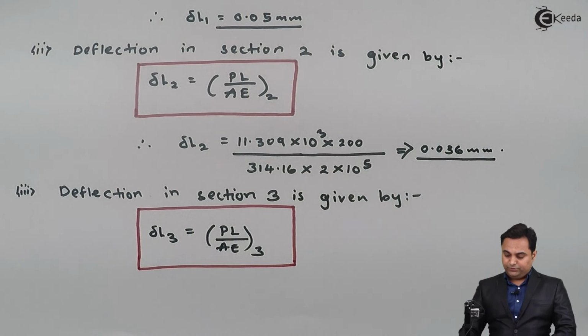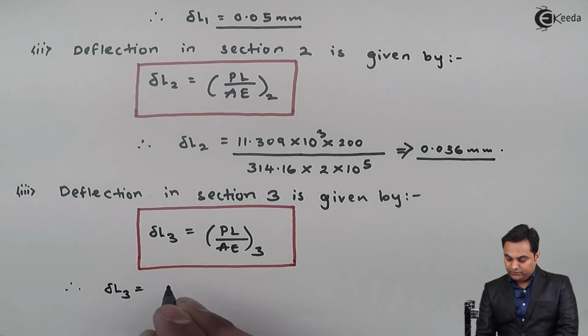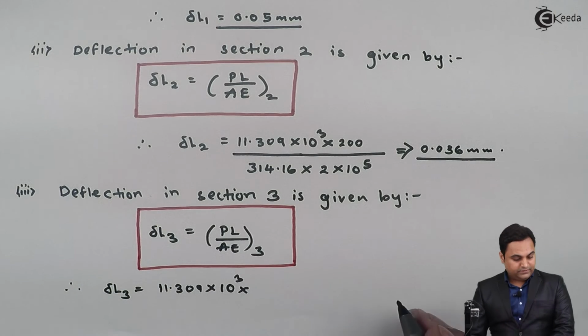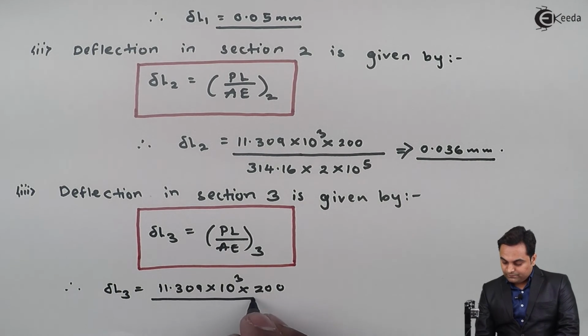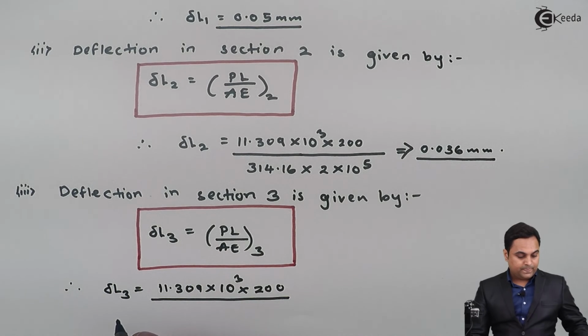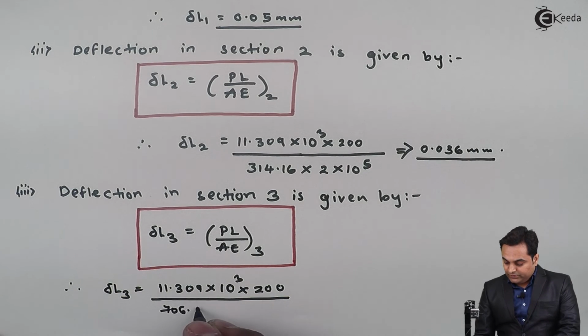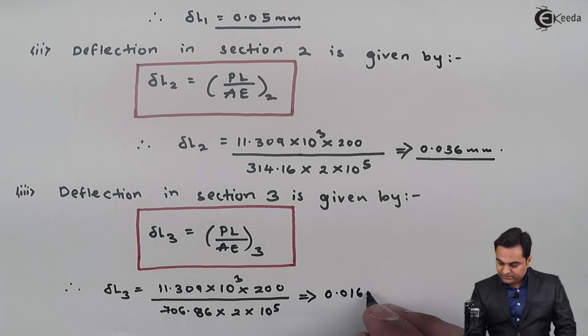So here I'll go on putting the values. Delta L3 is equal to P is 11.309 into 10 raised to 3. Length for the third section is 200. Area is 706.86 and Young's modulus is 2 into 10 raised to 5. So here my answer is 0.016 mm.